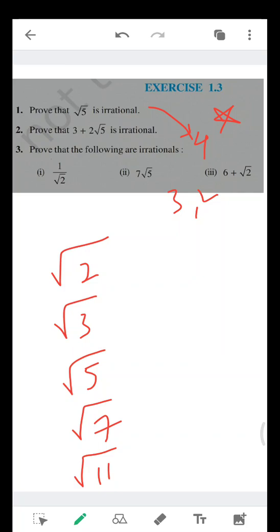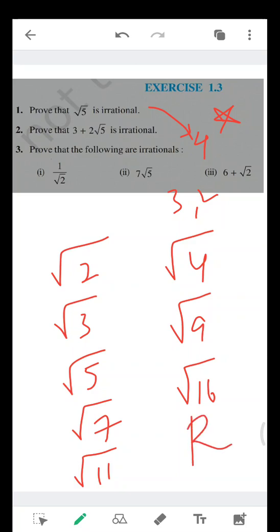We learned it in the previous class. And all the perfect squares, root 4, root 9, root 16, these all are rational numbers. These are rational and these are irrational.